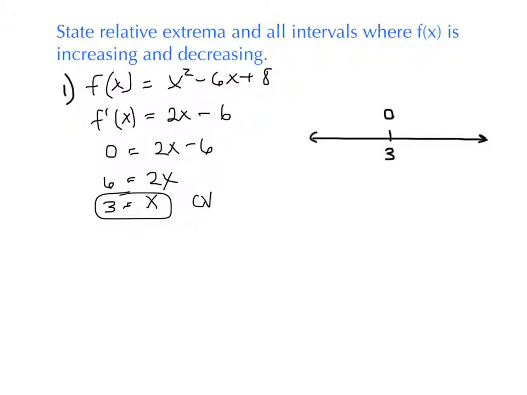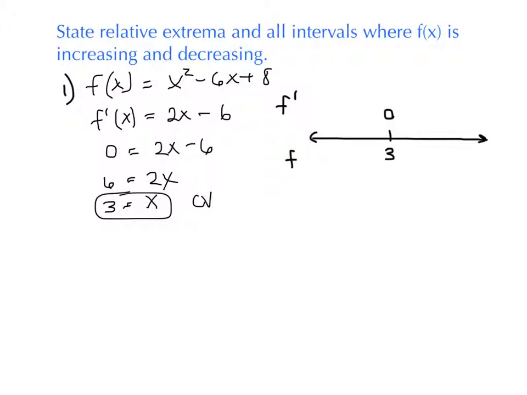Okay, now this is where some of the labels are really important. We always want to understand that this was talking about f, and up here is going to talk about f prime. Always want to put those labels. The bottom is talking about f, the top is talking about f prime. Okay, so that's going to help us understand the behavior of both the original function and the derivative.